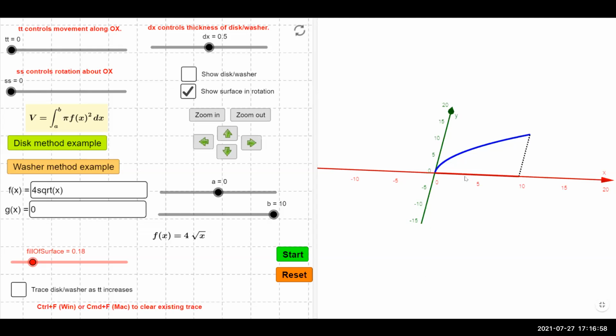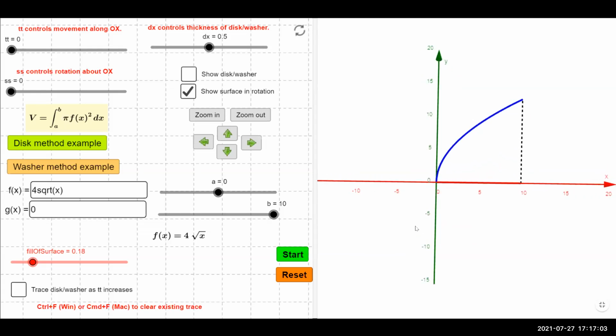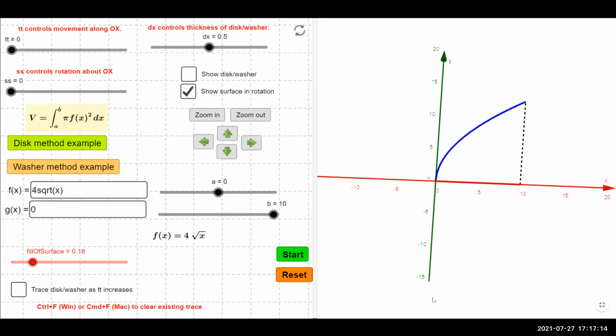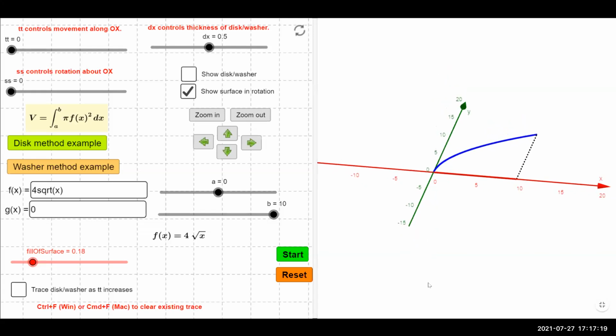The view is a little changed. This is the top view of the half parabola, your x-axis, your y-axis. I'm gonna tilt this so you can see it from the side. This is just a flat plane with a half parabola where the x value goes from 0 to 10.